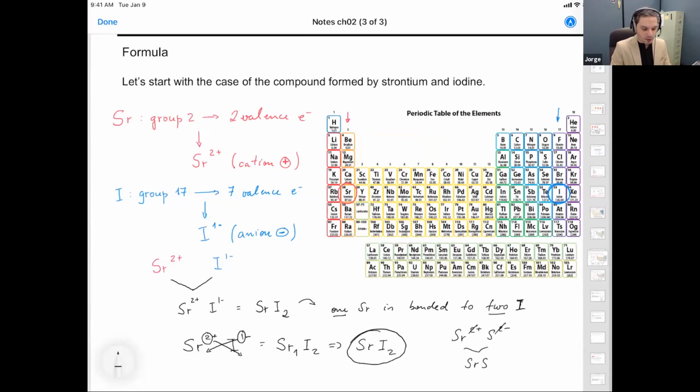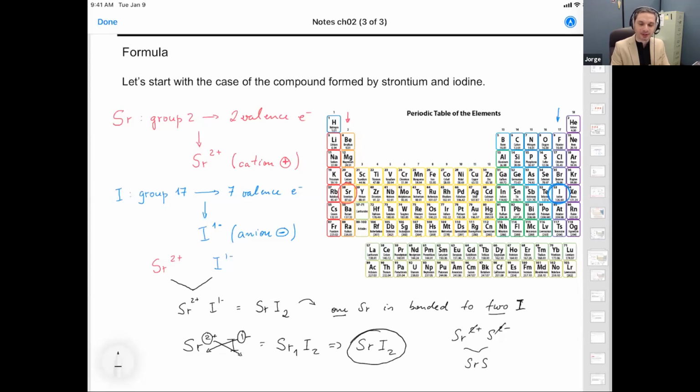Okay, so I showed you when we are going to have an ionic bonding, what are the elements involved in this kind of bonding, and how to determine the formula of an ionic compound.